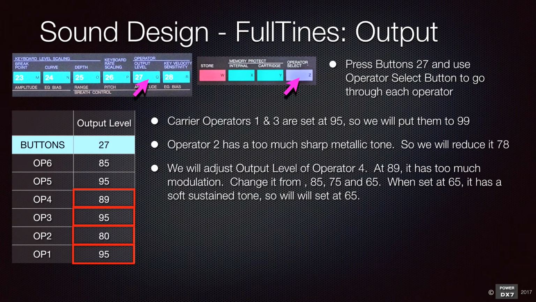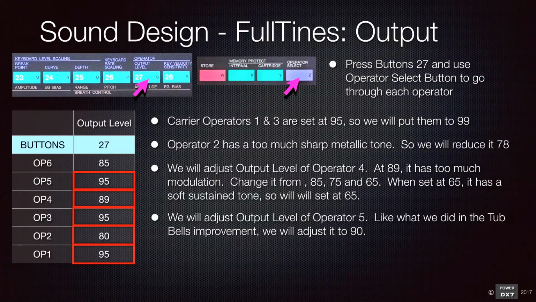For operator 4, it has too much modulation as it is set at 89. Try changing it from 85, 75, and 65. When set at 65, it has a soft decay tone, so we will set it at 65.